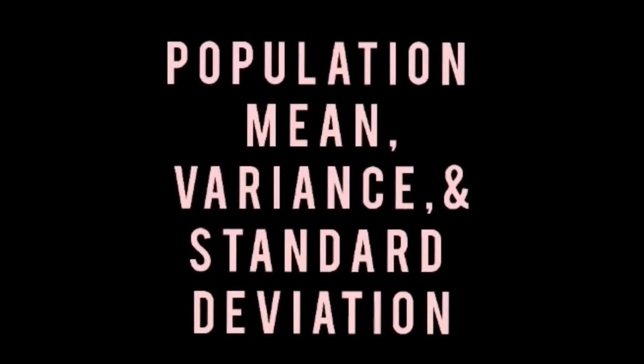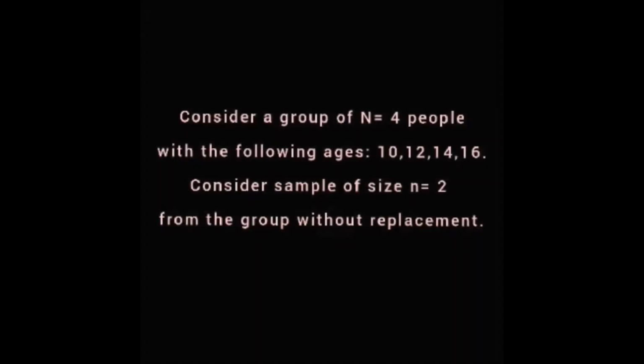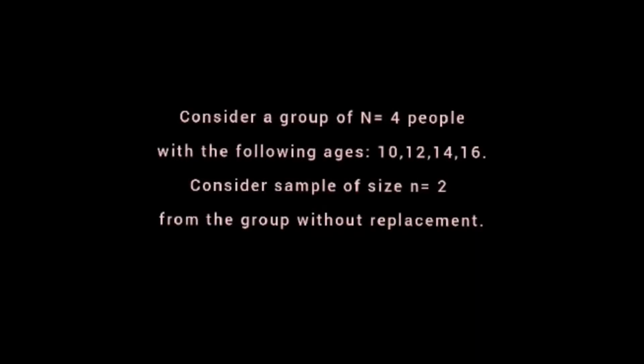Okay, so now, let's move on to the solving of mean, variance, and standard deviation of this population distribution. And our example for it is, consider a group of n equals 4 people with the following ages: 10, 12, 14, and 16.